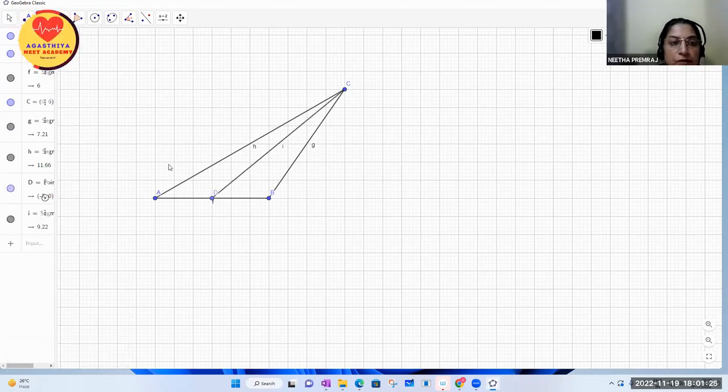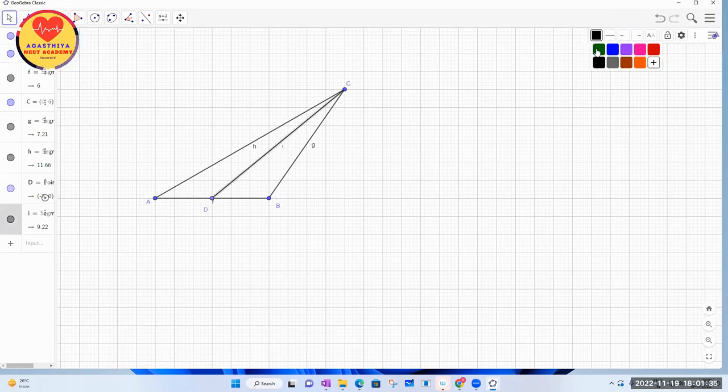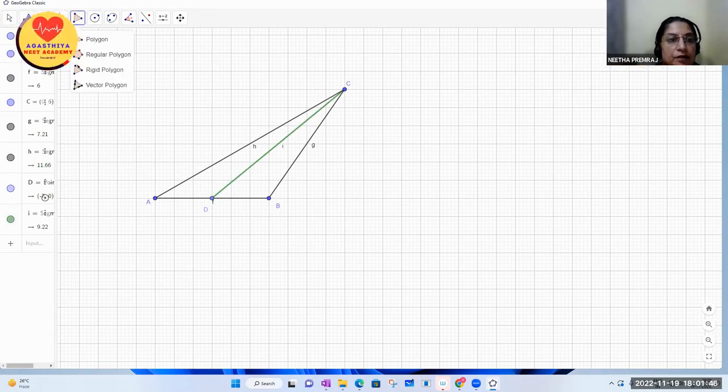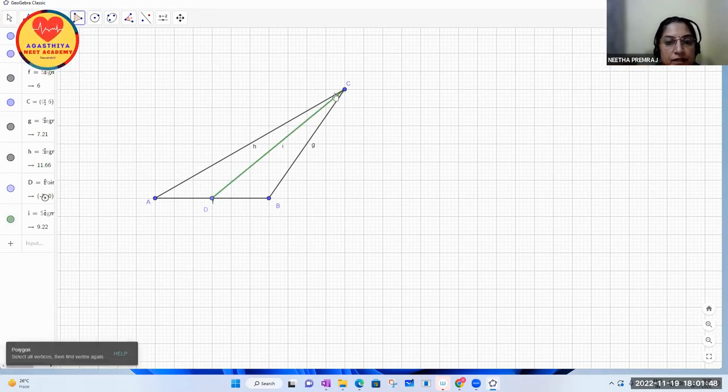Now, you see ABC is a triangle, isn't it? In this, D is the midpoint, correct? Wait, I change the color. So the green color is the median. Now I want to find the area. How do I find the area?